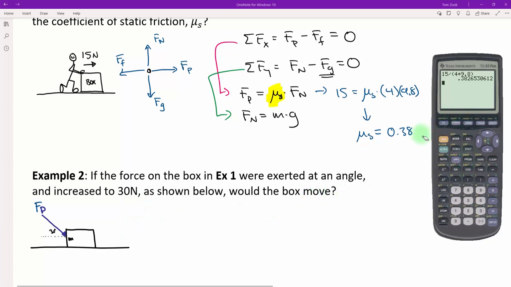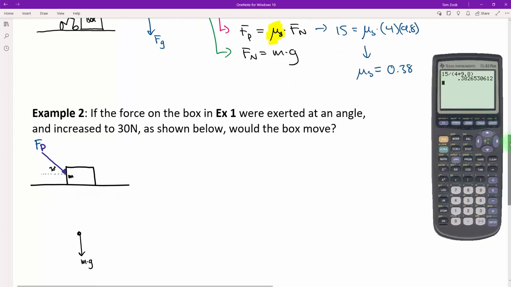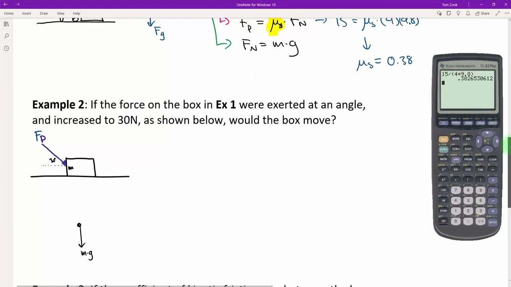So let's go ahead and do a free body diagram and some setup for this. I'll do the free body diagram down below. I would have the weight force going down. I'm just going to write this as m times g this time. I'm also going to scroll down a bit because this is way too low on the screen. I then would have the push force also going down like this.